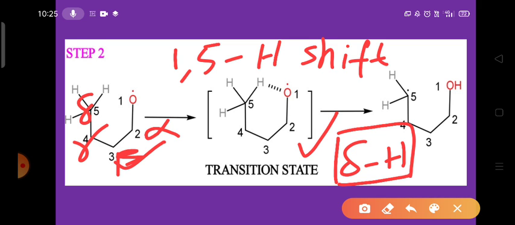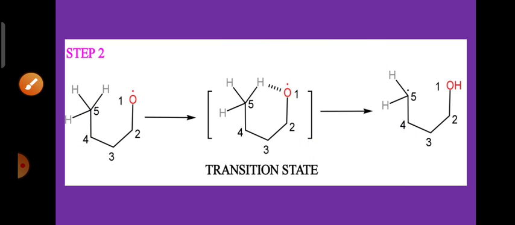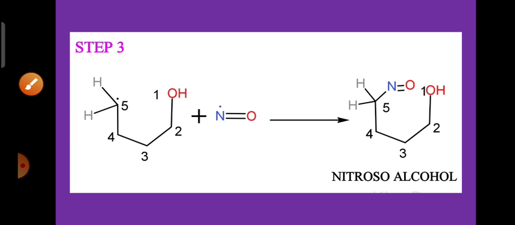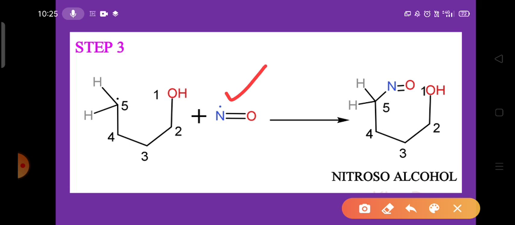Next, in the second step, we get the hydroxybutyl free radical.